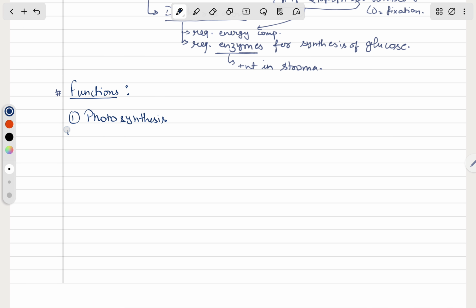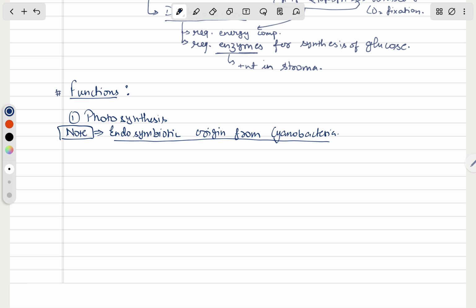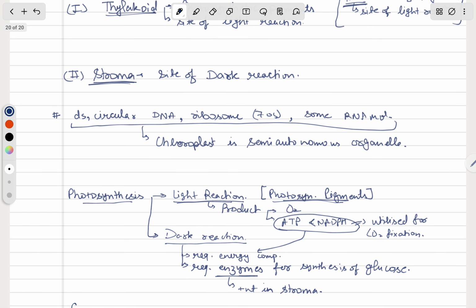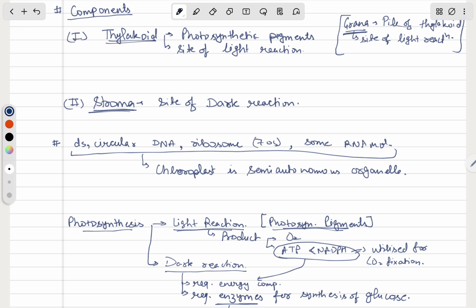Next, one important note: just like mitochondria, plastids also have endosymbiotic origin from prokaryotes, that is cyanobacteria. Since they have some features similar to prokaryotic cells, we can say they have endosymbiotic origin from cyanobacteria, right? So these two are important double membrane bound organelles, right?